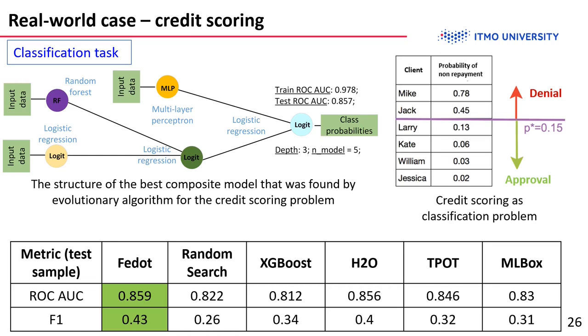As you can see, the comparison of metrics for the composite model obtained by the FEDOT framework with other solutions like random search, XGBoost, TPOT, H2O, and MLBox AutoML frameworks allows us to conclude that the proposed evolutionary approach achieves better results in the same optimization time.